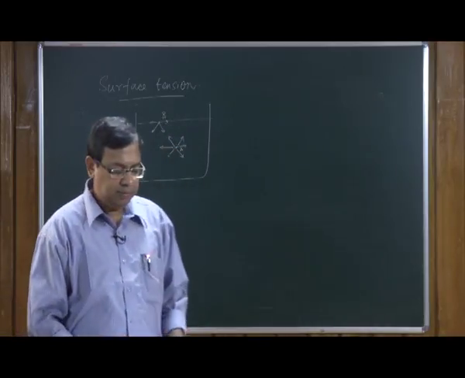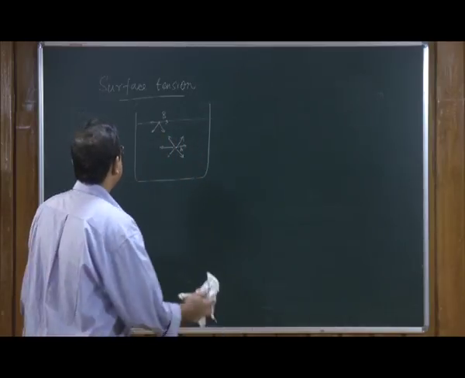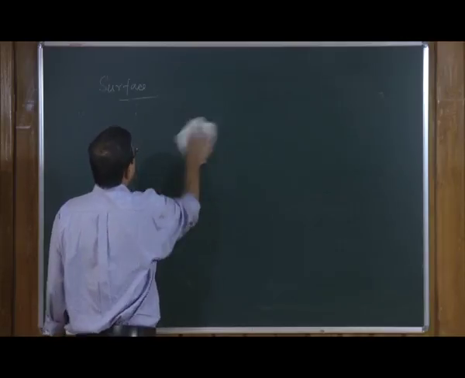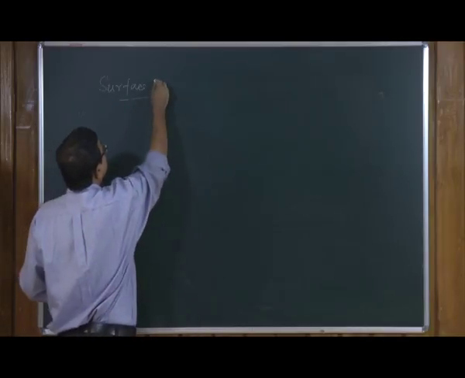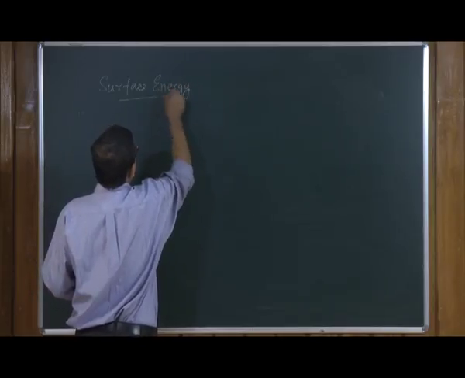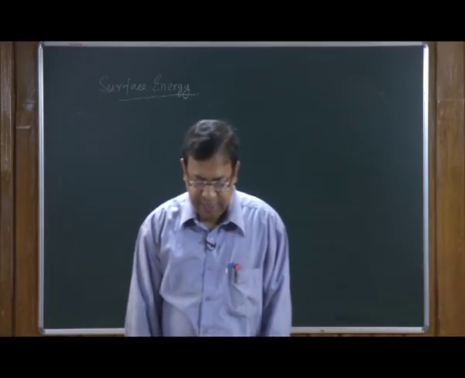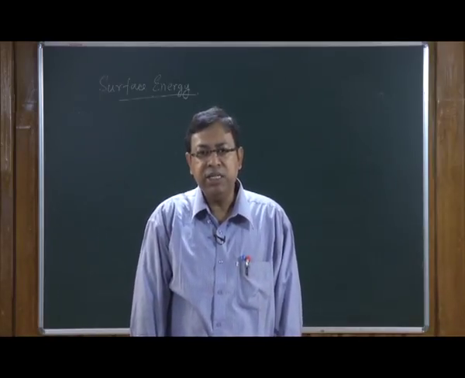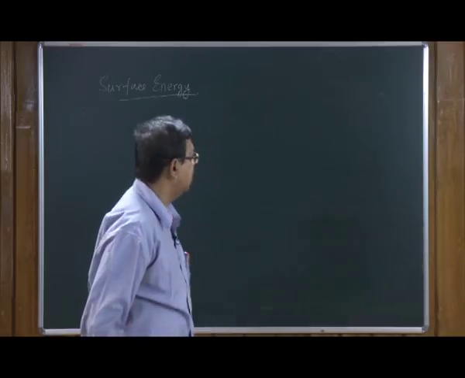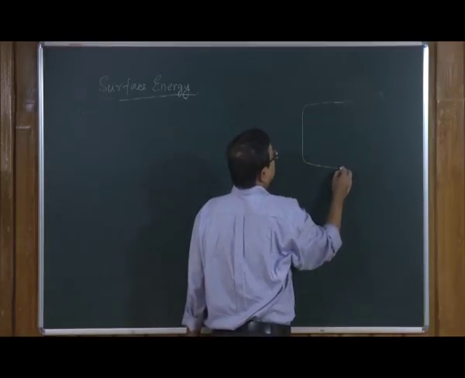Now, let us look at a relevant extension of this idea and talk about what is called surface energy. So, there is some amount of energy needed to increase the surface area, as we have seen in this YouTube experiment that we have mentioned.